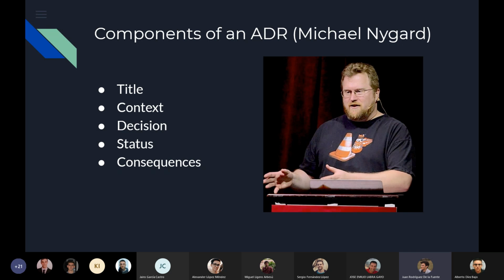And it can be superseded. As we said before, when we have an old ADR whose decision has changed, we mark it as superseded in order to say that this ADR was changed by another ADR because of a change in the decision.